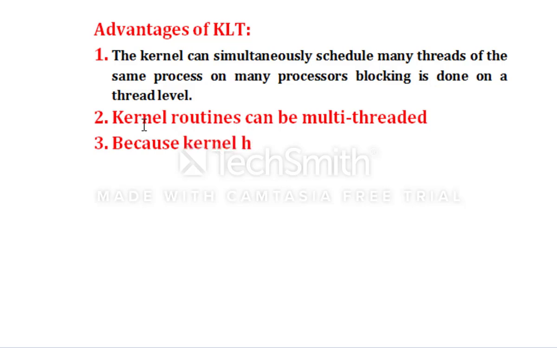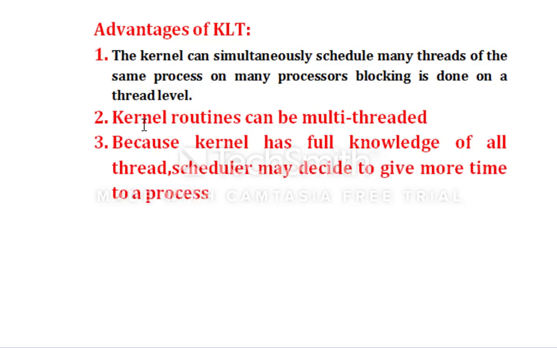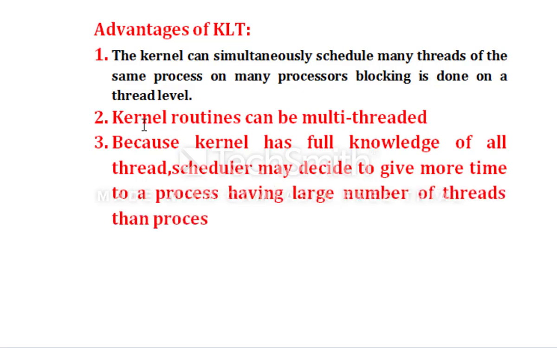because the kernel has full knowledge of all threads, the scheduler may decide to give more time to a process having a large number of threads than a process having a small number of threads.